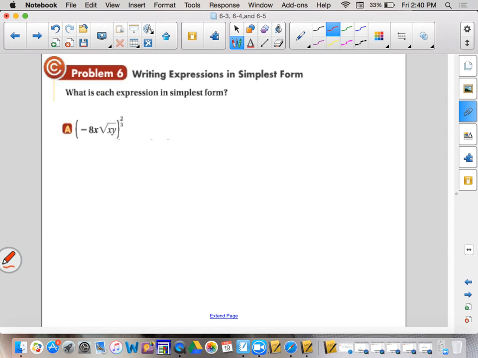So if I raise the whole thing to 2/3, what does that tell me I'm going to do with this 2/3? I'm going to pull it to the 8, pull it to the x, and to the square root of xy. So I'm going to have negative 8 raised to the 2/3 times x raised to the 2/3, and then the square root of xy raised to the 2/3.